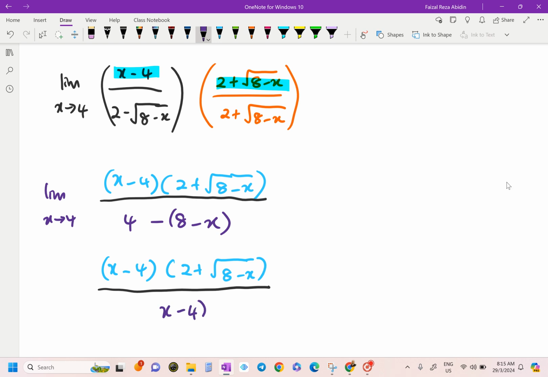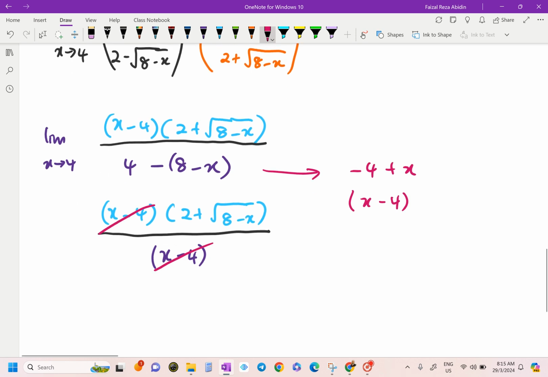So if you look over here, we can simplify also this one. How come I get x minus 4 at our denominator? Over here, 4 minus 8 is going to be negative 4. Negative x times negative x, you're going to get positive x. So I just rearrange, I'm going to get x minus 4 at our denominator just now.